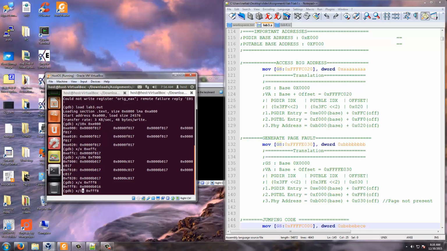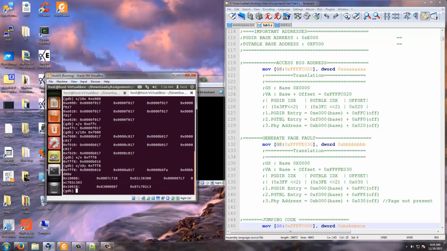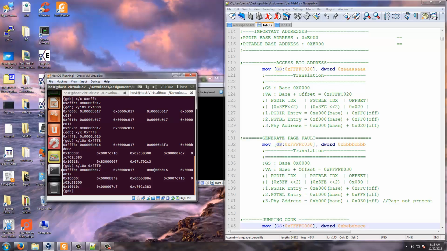Okay. So as you see, this is alone B016, as seen at FFF0. This is all B017, C017, but this is alone B016. So that page alone is not present. We will use this particular entry at FFF8 to create a page fault, right?